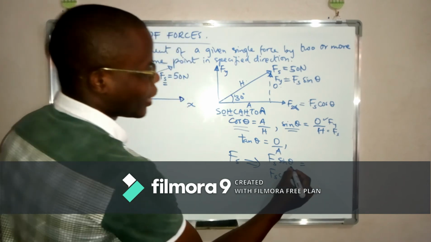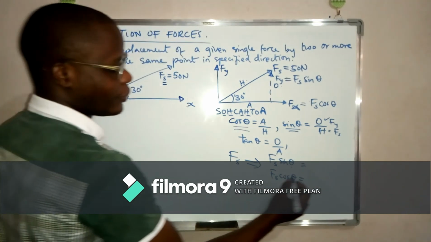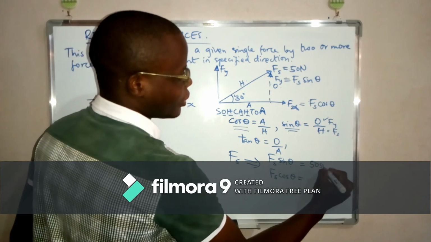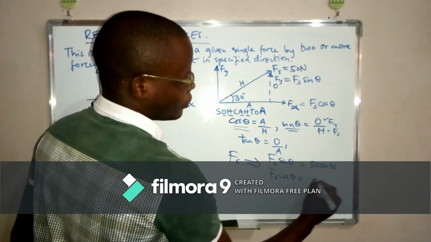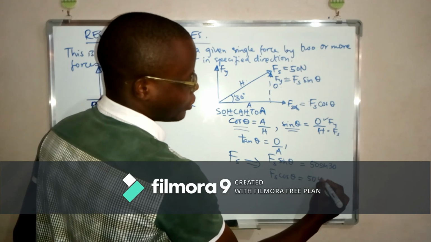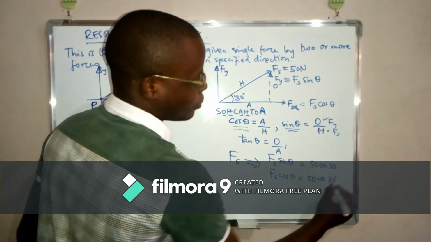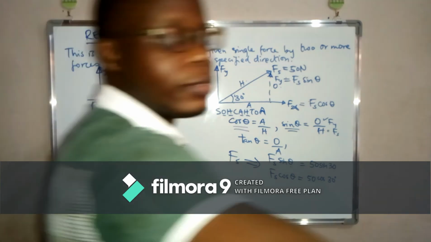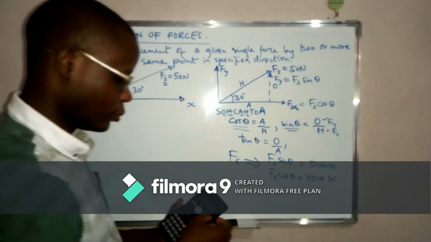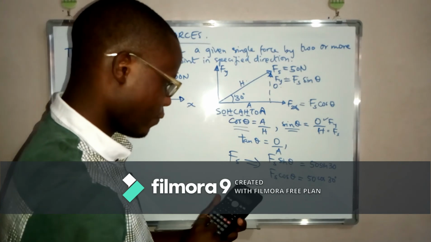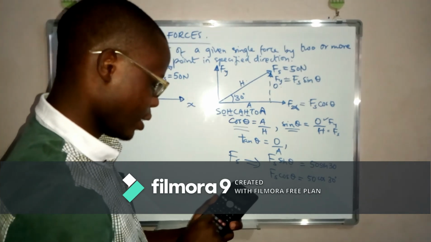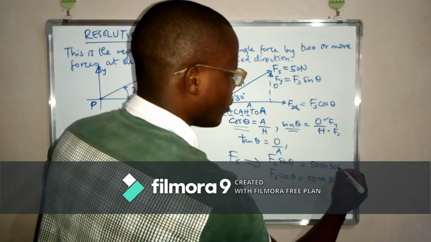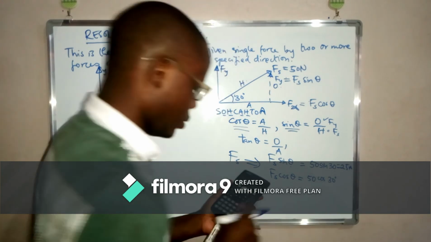So we know that theta is 30 degrees and Fs is 50. So you have 50 sin 30, then you have 50 cos 30. When you calculate those two equations, we have 50 sin 30 is 25 newtons.